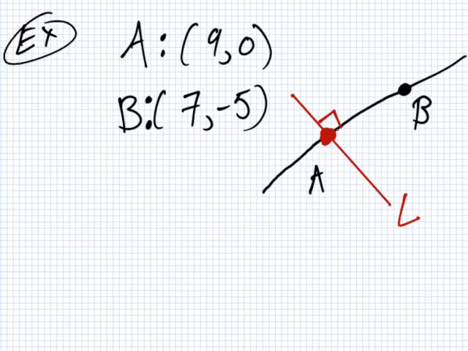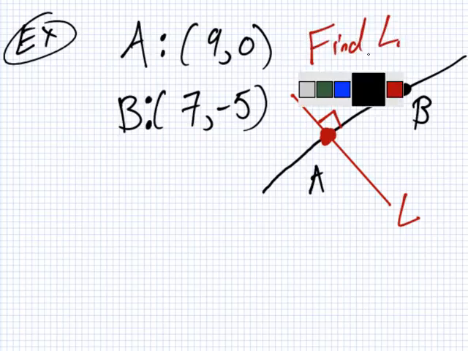Okay, so through the point A. So line L is perpendicular to the line AB and passes through A. Okay, so here again we want to find L. So again, very similar to the last one. You can try this.